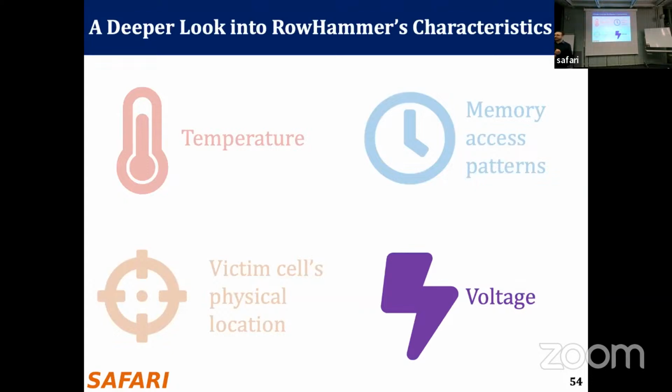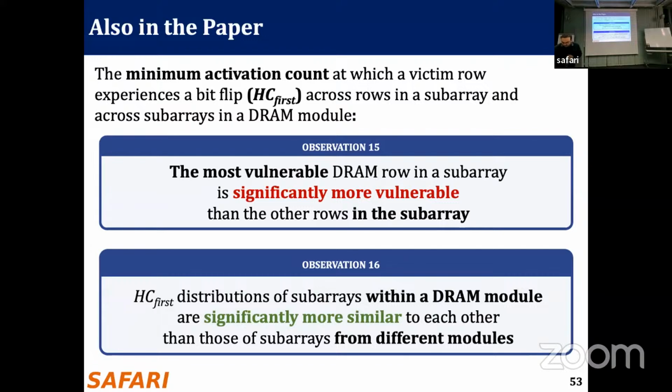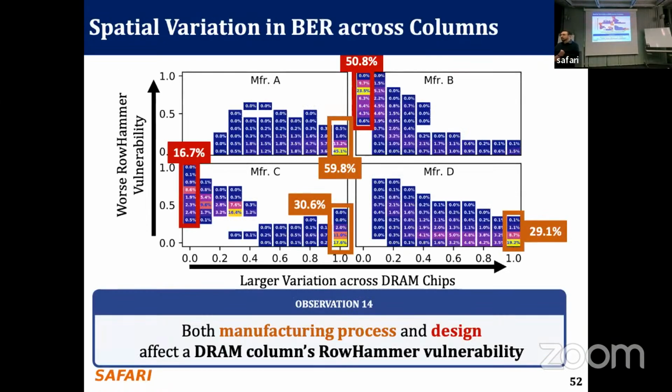Yes, please. It's a good question regarding manufacturer B. Do you think it's likely that manufacturer B is intentionally designing the chips so that they can know which columns are vulnerable and then retire cells accordingly?